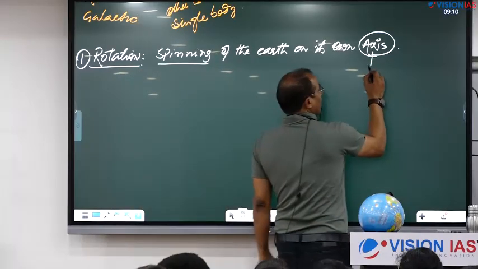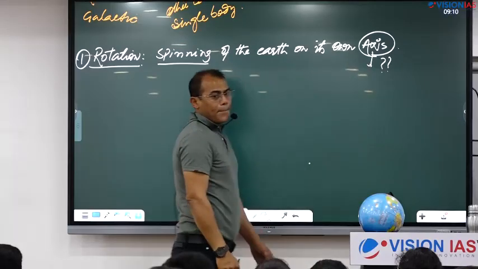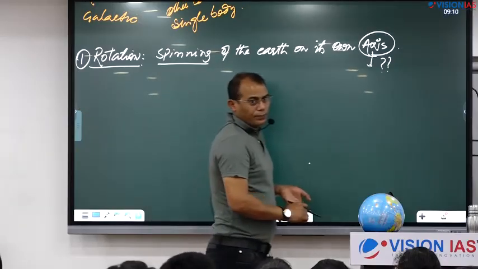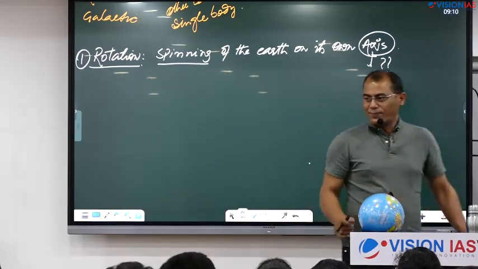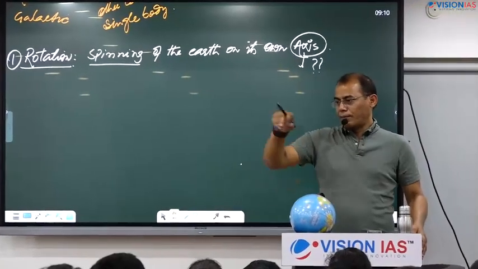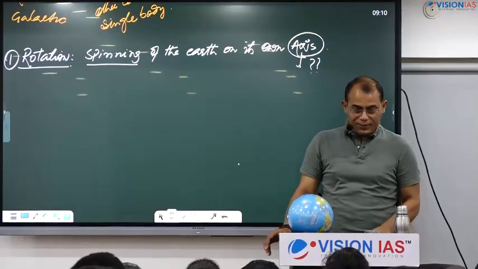What is axis? Imaginary line. Fixed path, that is orbit. We're talking about the axis on which it is rotating.